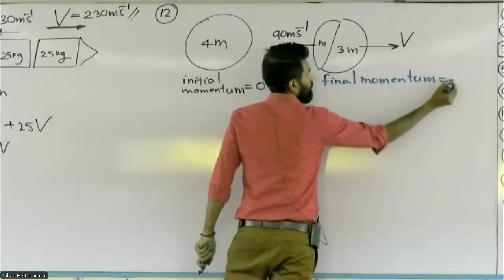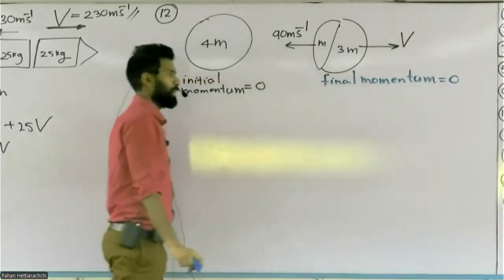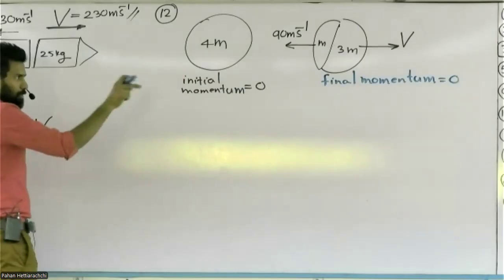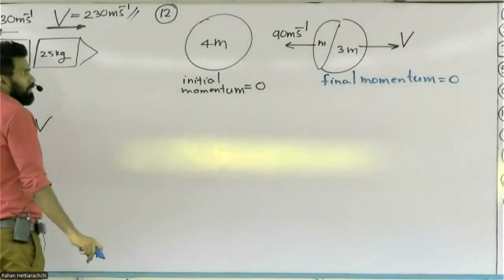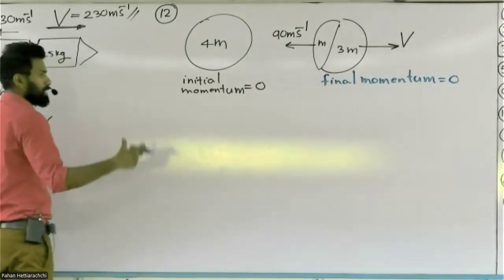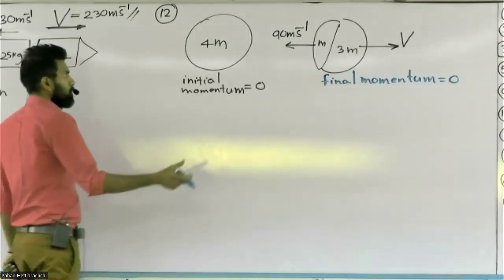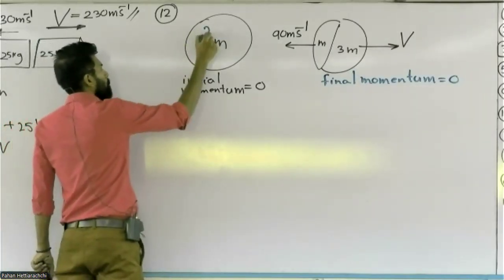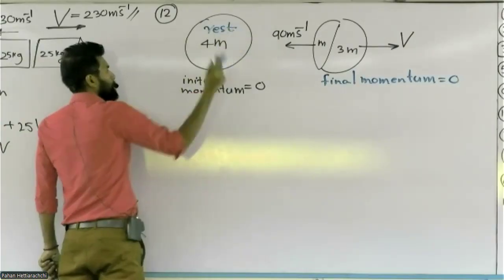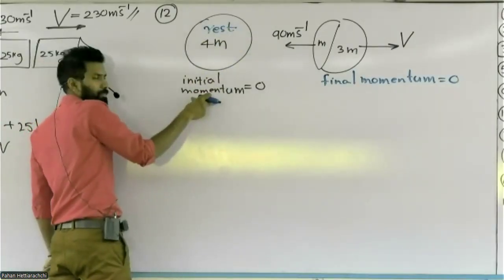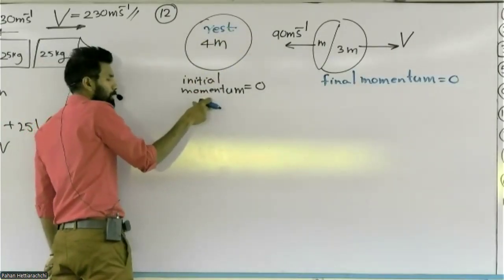I know that you have done this, but look at my approach. Initially, the bomb is at rest, so it doesn't have momentum, since the velocity is 0.